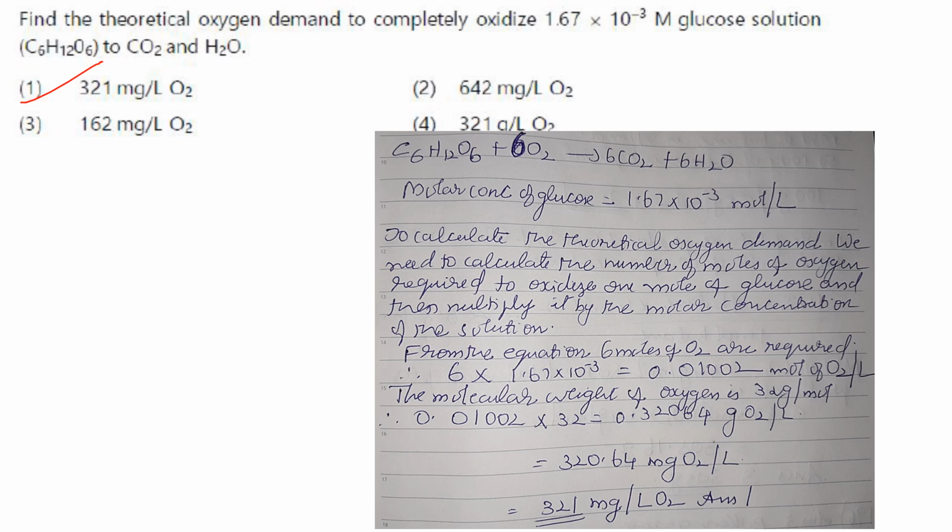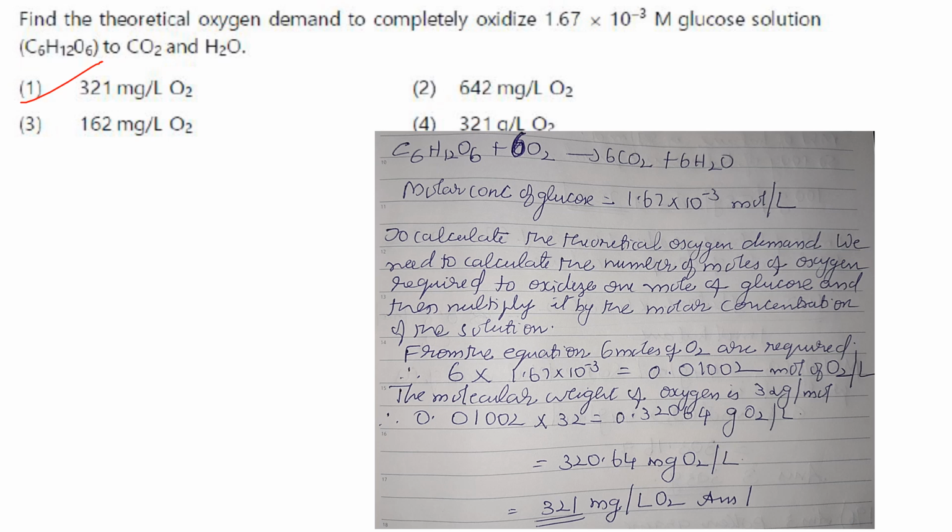Now C6H12O6 + 6O2 giving 6CO2 + 6H2O is the balanced equation for glucose oxidation to carbon dioxide and water. They have given the molar concentration of glucose as 1.67 × 10^-3 moles per liter or molar. Now to calculate the theoretical oxygen demand, we need to calculate the number of moles of oxygen required to oxidize 1 mole of glucose and then multiply it by the molar concentration of the solution.